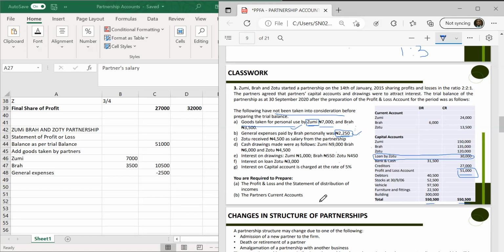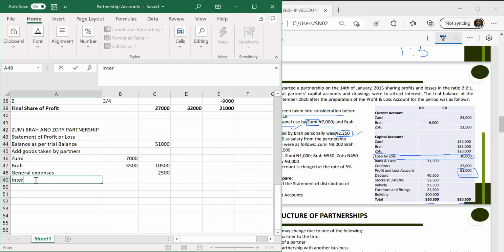Zotu would have been the one to give us a loan if it was what? A debit balance, because debit balances are kind of what? Assets. So this interest on loan by Zotu, if we were going to collect the loan from the bank, would it not be part of our normal expenses? So that will have been interest expenses. Interest expenses is minus 3,000.